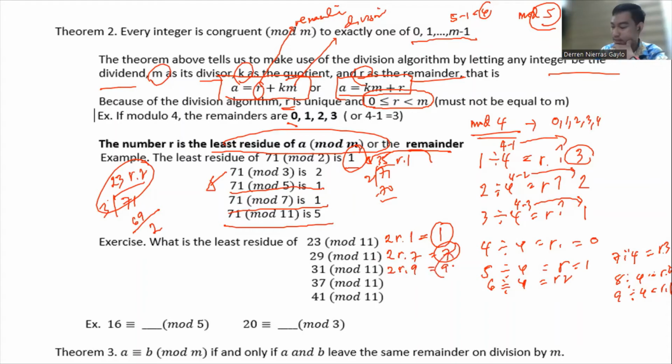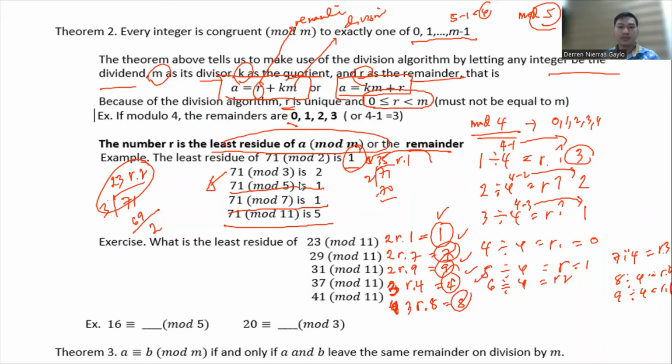So that is 9. And here that is 2, I think that is 3 already, 33. So remainder 4. So this is 4. And this is 3 still, remainder 8. So 8. So the least residues are 1, 7, 9, 4, and 8.